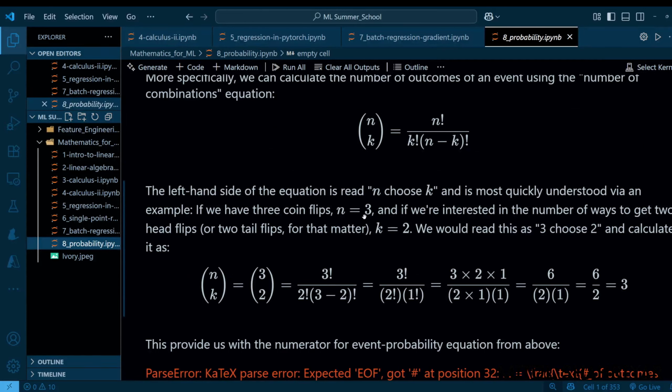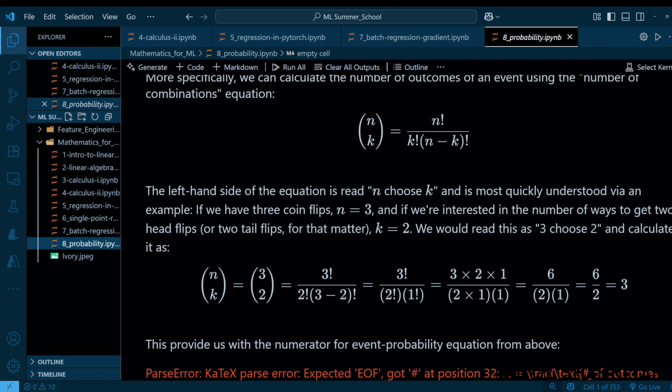Assume you have 3 coins, and you're interested in the number of ways to get 2 head flips. Just understand what's happening. We have 3 coins, and our goal is to find in how many ways we can get only 2 heads.